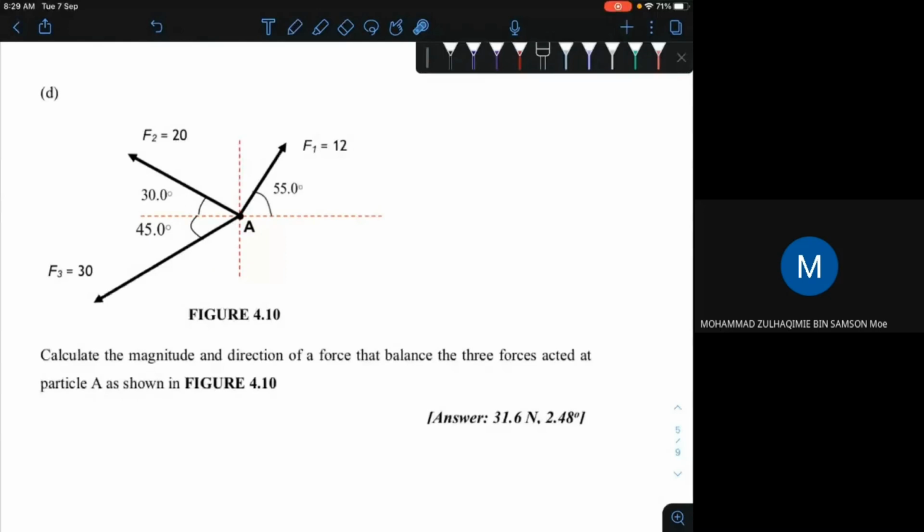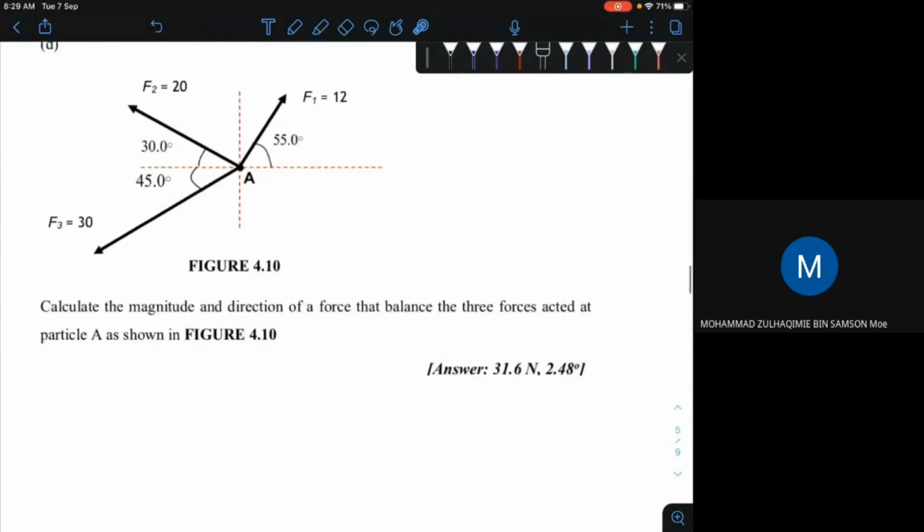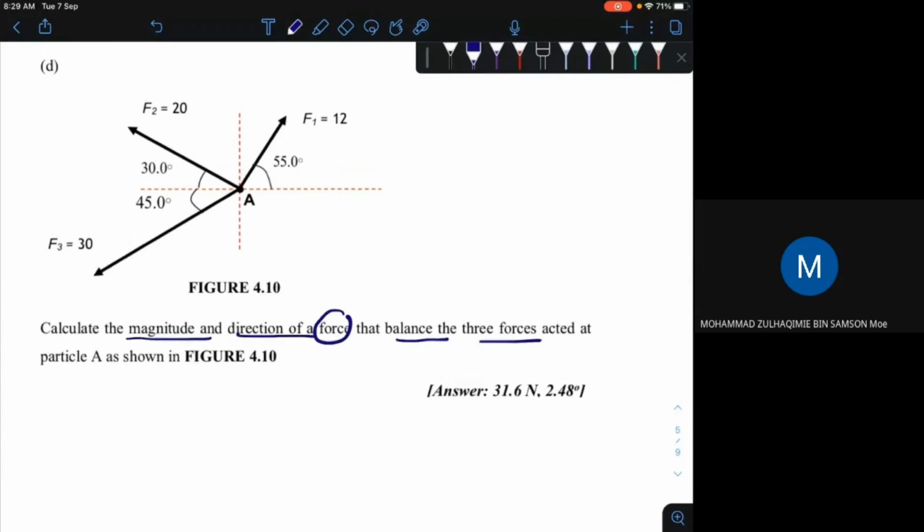Alright, soalan 6. Yang atas semua adalah define. So we are not going to look into that. Dia kata calculate magnitude and direction of force that is balanced the three forces acted at particles A. So kita ada particle A dekat sini dan kita ada 3 force yang kita apply. Semua ketiga-tiga force ini kena balance.